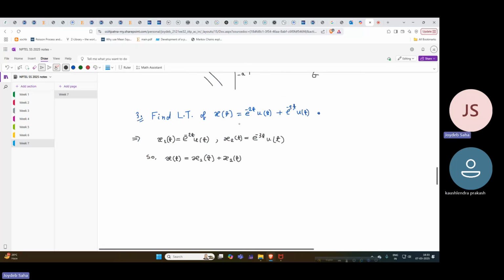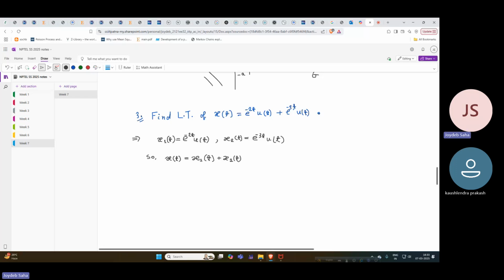Yes, sir. Okay, so we have just divided x(t) in two parts, and x(t) was e to the power minus 2t u(t) plus e to the power minus 3t u(t). So we have divided it into x1(t), which is equal to e to the power minus 2t u(t), and x2(t), which is equal to e to the power minus 3t u(t).